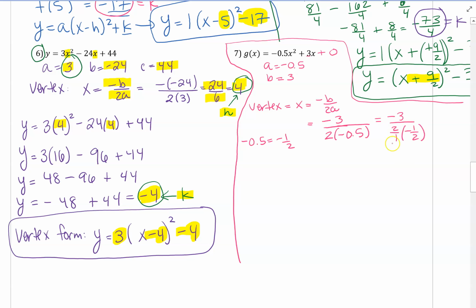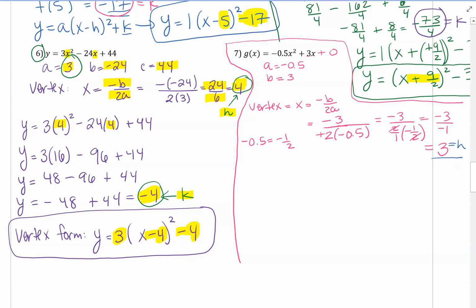At any rate, that's going to end up equaling negative 1 because half of 2 is 1, or 2 over 1 times 1 over 2 cancels to be 1. Of course, it's negative 1 because it was a positive times a negative. So then I get negative 3 divided by negative 1, which equals 3. So that will be my h value for this vertex form of a quadratic. My h value is 3.